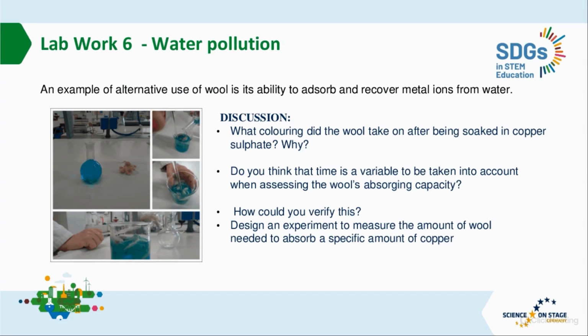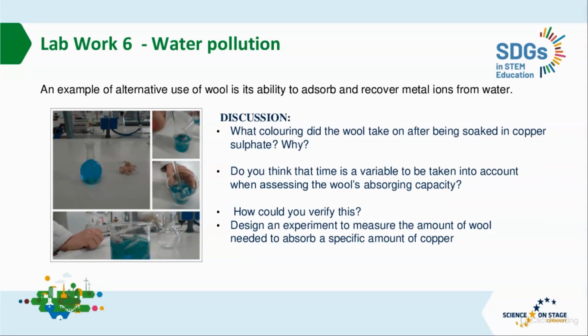And the last activity is to explore the use of wool for water pollution, because wool has the ability to absorb and recover metals from the water. So you can show how this happens.